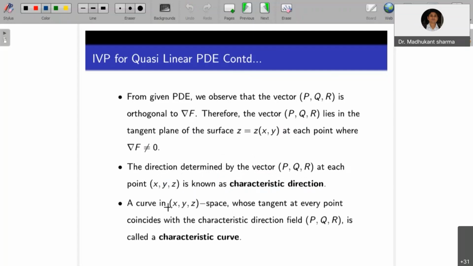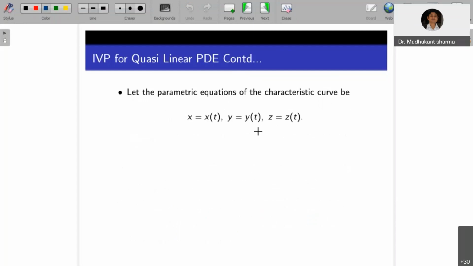Now a curve in xyz space whose tangent at every point coincides with the characteristic direction field is called a characteristic curve. I have just told you that characteristic curve definition: at every point the tangent is going to be in the same direction as the characteristic direction.